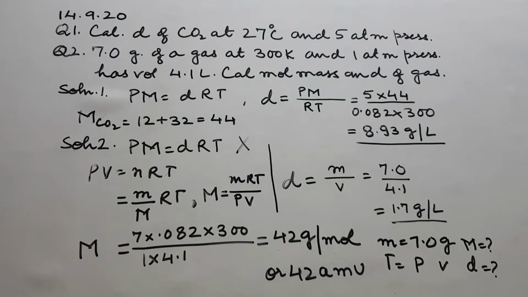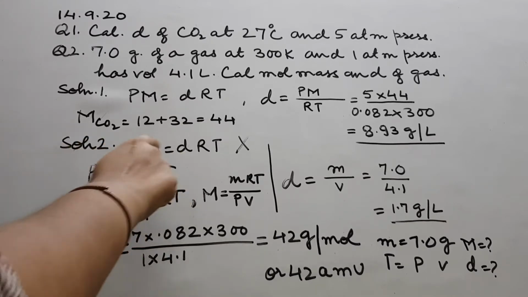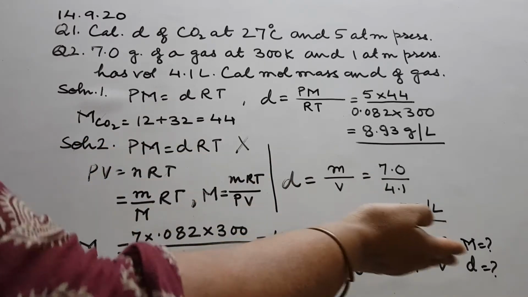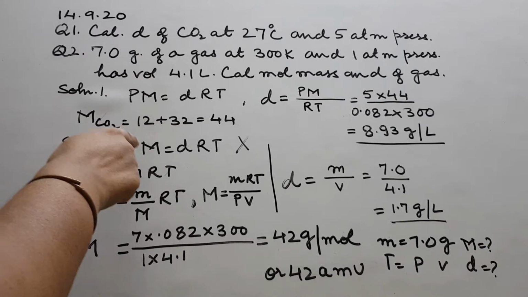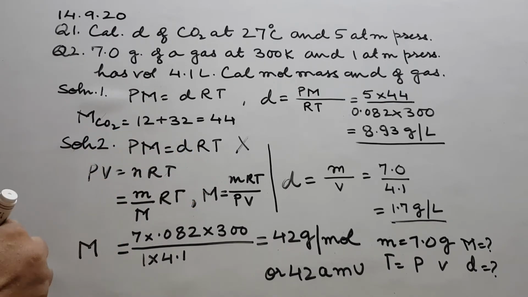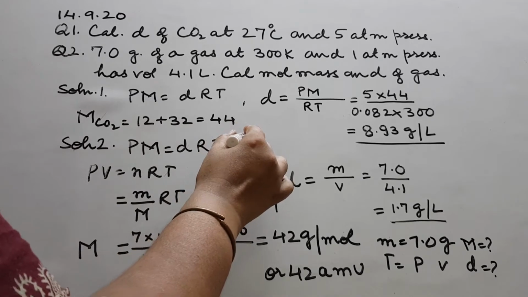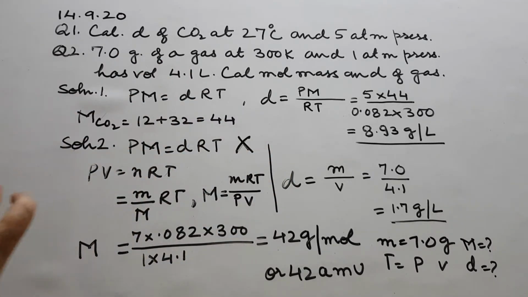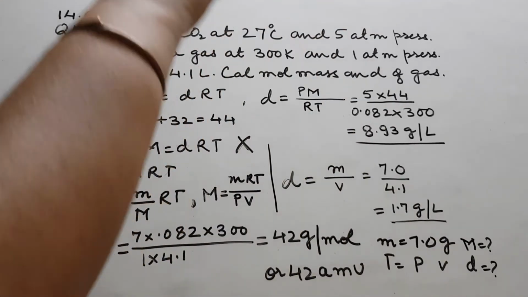Now, children, obviously I cannot use the formula PM is equal to DRT, because neither do I have D in my hand nor the molecular mass. Two values are unknown, so the formula PM is equal to DRT cannot be used. So what to do?